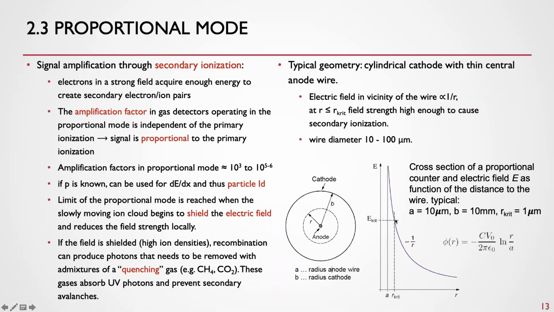Assume that you have an electron-ion pair created close to the critical radius. The critical field strength will be at a critical radius, which we assume to be 1 micron away, with a wire diameter of 10.